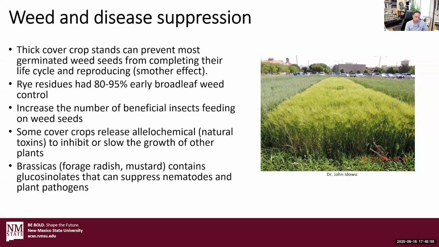And once they produce those glucosinolates, when mixed with water, it really affects those overwintering structures from those pathogens. And you see the cash crops are doing much better because they're not affected by as many plant pathogens that are in the soil.